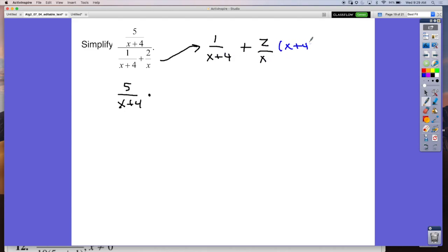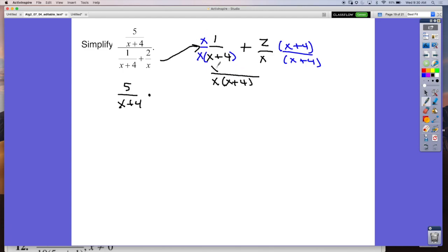X plus 4. And what is this one missing that the other one has? X. And remember, we'll put parentheses in here to kind of trap it. Okay. So we know that this common denominator is x times x plus 4. Don't distribute it. Leave it factored. We might when we get to cancel it out.